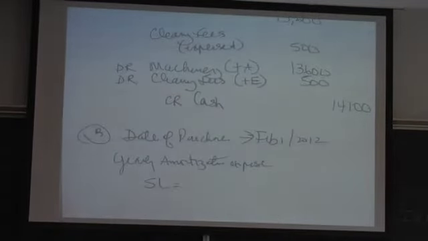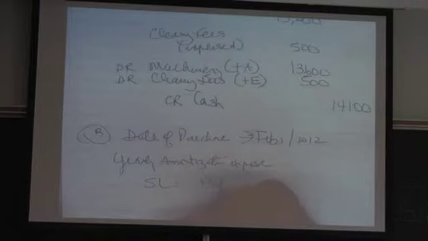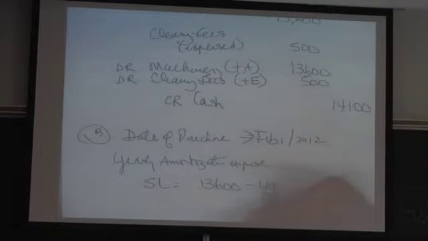So we take the cost of the equipment, $13,600, subtract the residual value of $400, divided by the useful life of 4 years, to give us $3,300 per year.